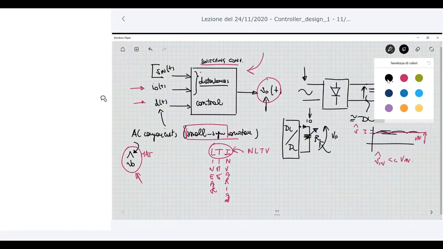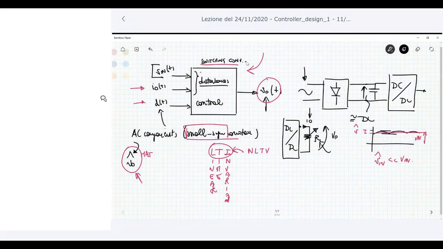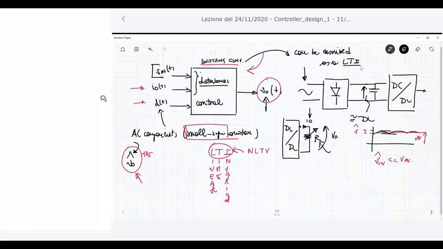Consider that now, for all of you, this switching converter can be described as a linear time invariant circuit. If you use a linear circuit, then you can apply all the circuital techniques that are employed for linear circuits.